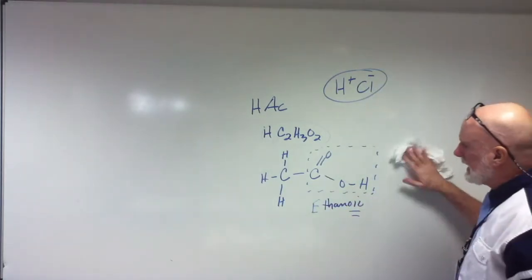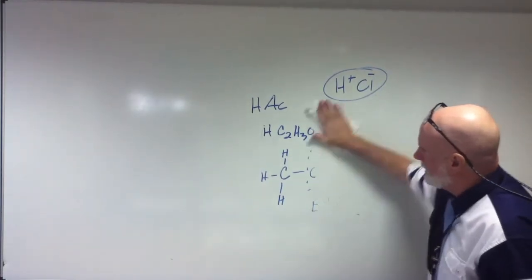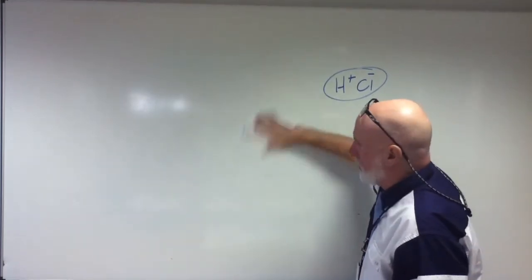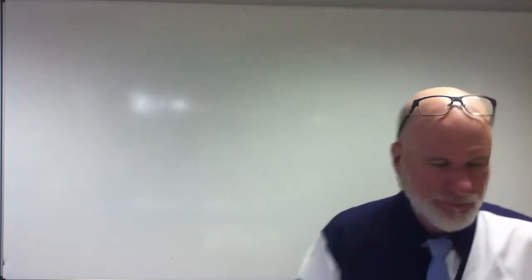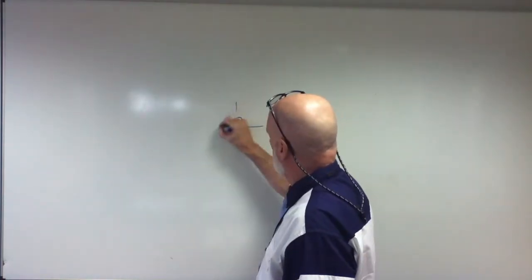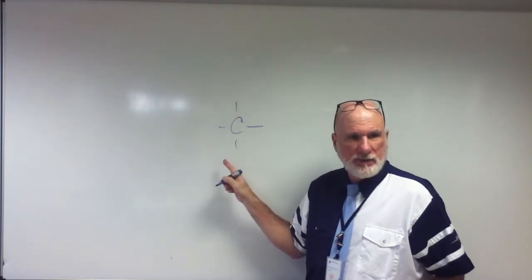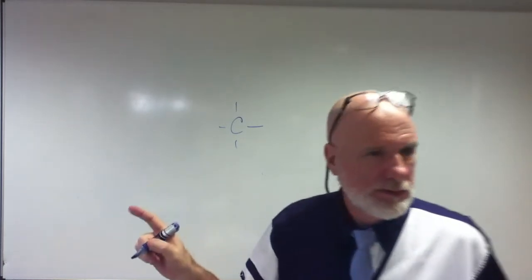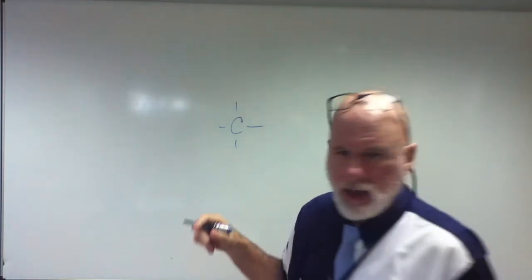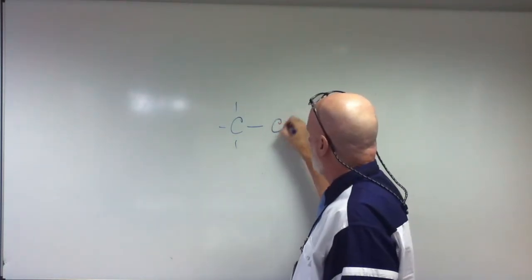Okay? Now, acetic acid or ethanoic acid gives up that hydrogen. Right? Each line without an atom is a hydrogen there, okay? It's a short way of writing it. You just put the bonds there, but I know there's a hydrogen there.